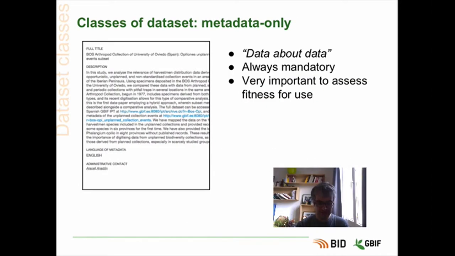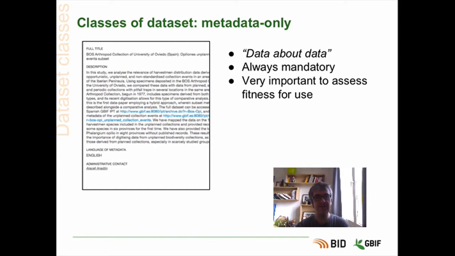When publishing a dataset, it's crucial to also provide some information about the dataset itself. This information is called metadata. At GBIF, a typical metadata record will, for example, contain a paragraph with an abstract describing the dataset, some contact information, and maybe also data about the taxonomic and geographic coverage of the datasets.